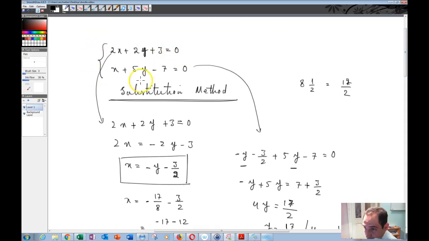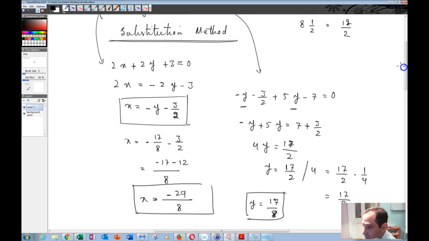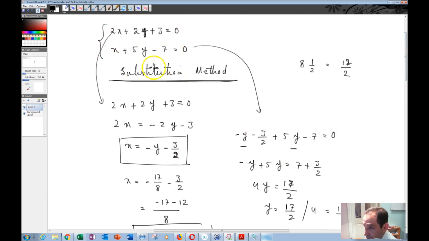So basically I have two equations over here. In any of those equations, wherever you find it convenient, you express one variable in terms of the other variable. For example, x is equal to some expression in terms of the other variable, and then you take that expression and substitute it in your second equation.